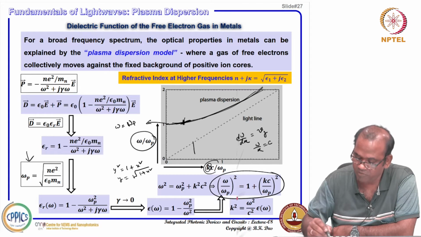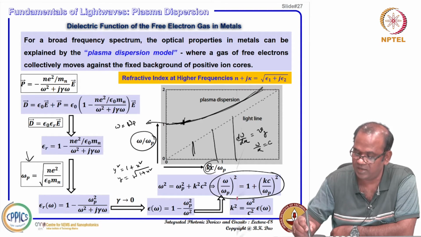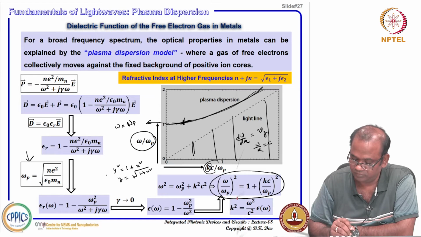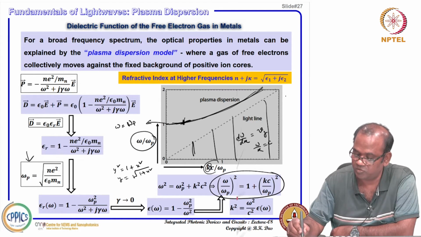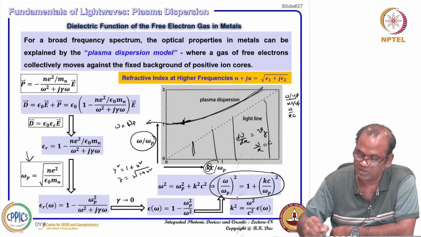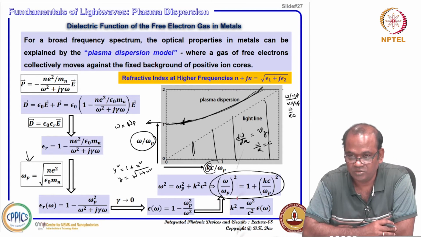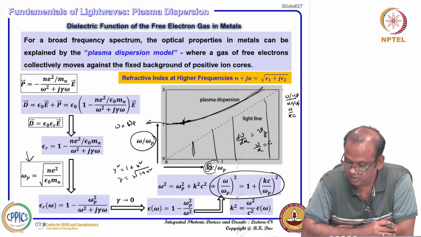Whenever d omega by dk and omega by k are the same, that is the light line. Taking the slope, omega by omega p divided by kc by omega p, omega p cancels, and omega by k, c, is the slope. So you get a linear relation when considering the light line.